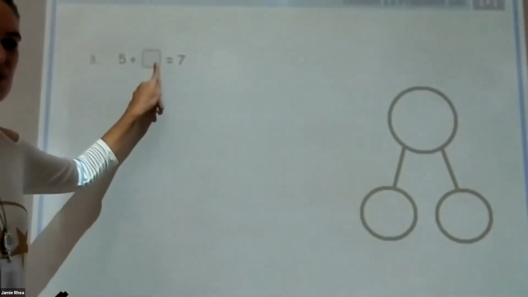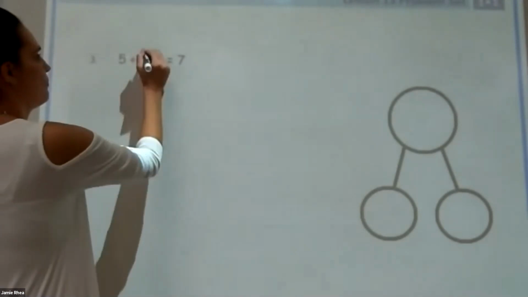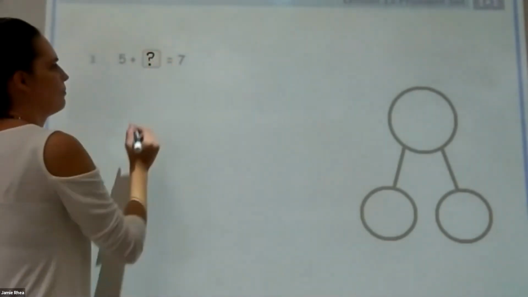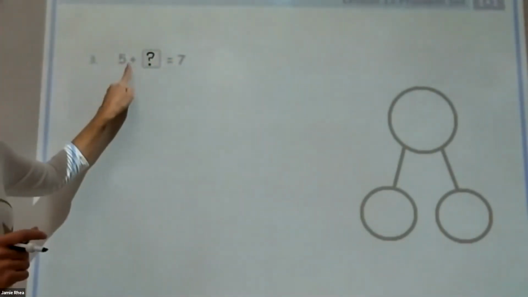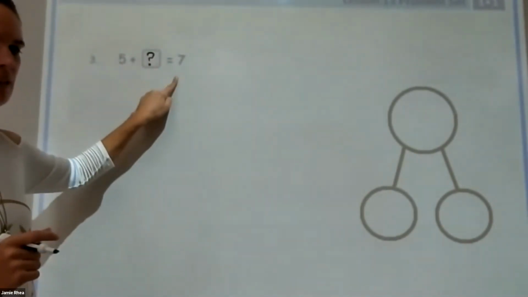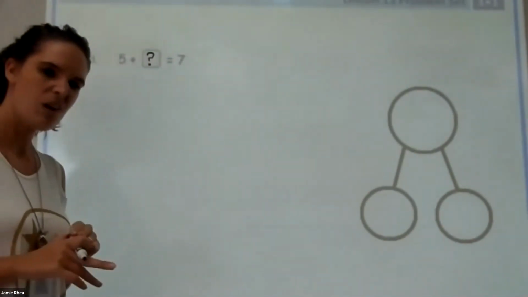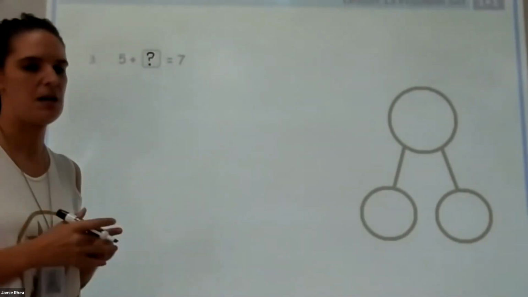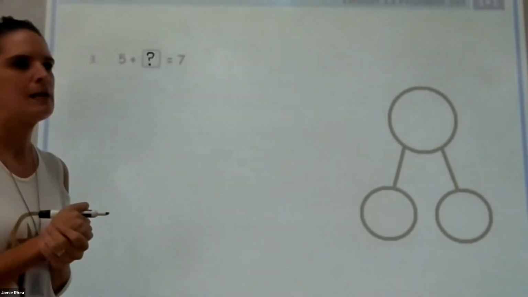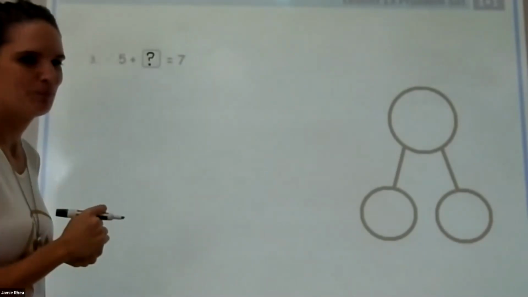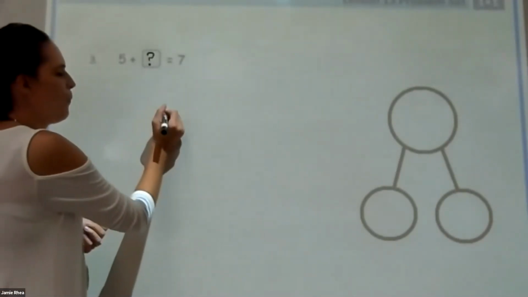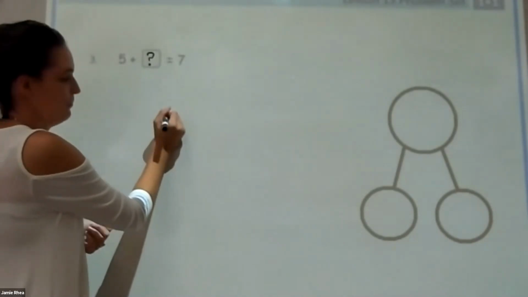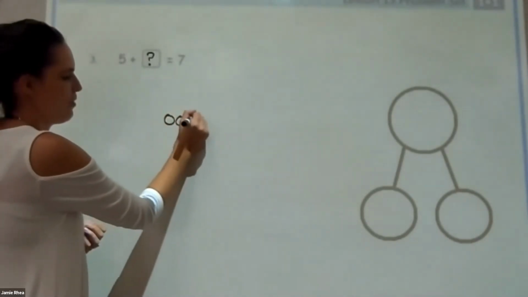Uh-oh, we have a mystery number. 5 plus something equals 7. You know what? Let's make a story to help us figure out what that something might be. So let's think. I know. Logan has 3 cars.